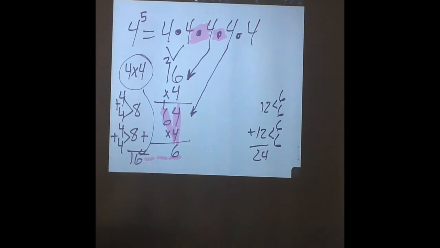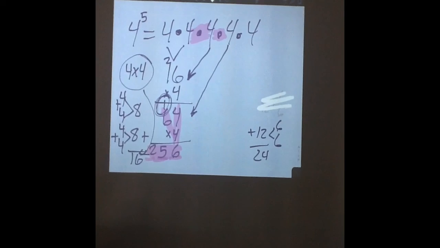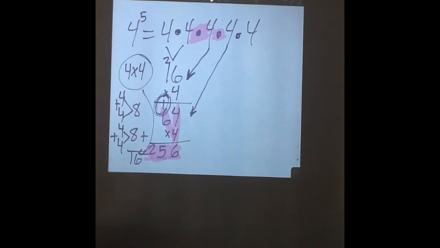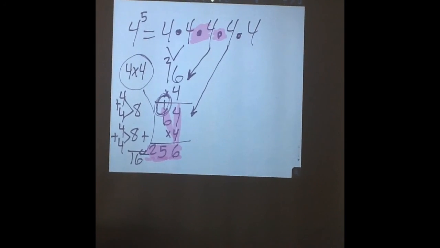Because I have this remainder over here, right? So 24 plus 1 is 25. There you go. Can I move this number? I'm going to move this over here, so we can keep it all on the same page. So here I go. I'm going to move it up here. 256.